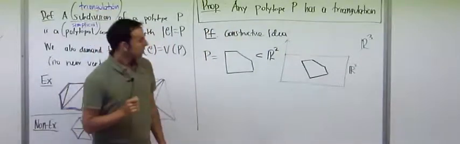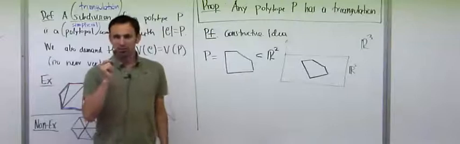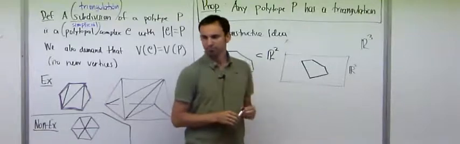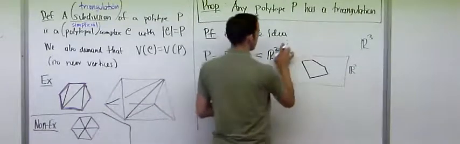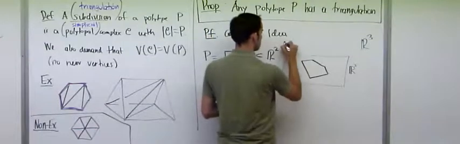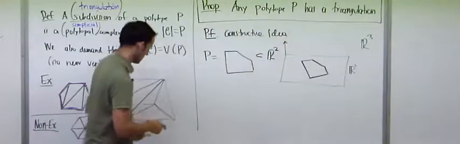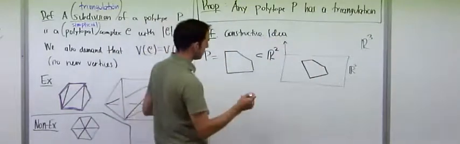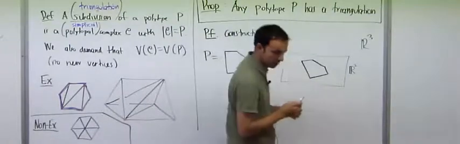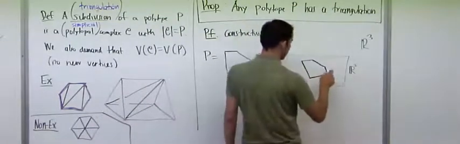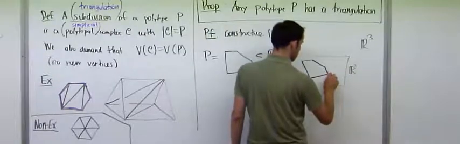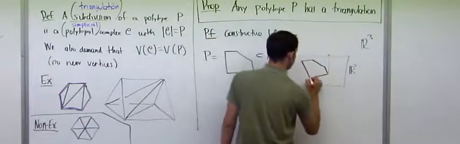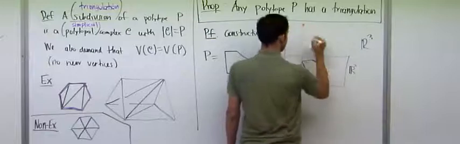Now I'm going to take each vertex and lift it to some height, and when I say lift, I mean in the other coordinate direction. This is where it's going to get very hard, but let's see. Maybe I lift this point over here, then this point over here, and this point over here.